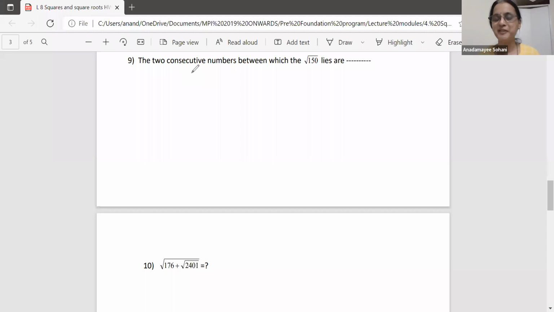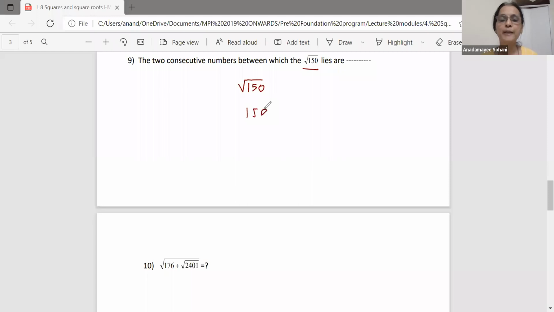Okay, the two consecutive numbers between which root 150 lies. Now I have to think of two square numbers around 150.